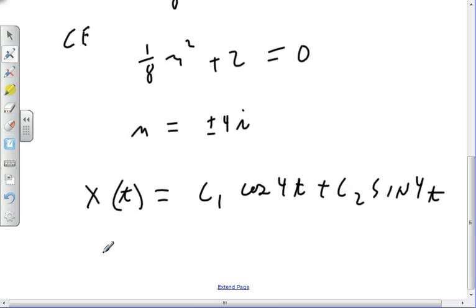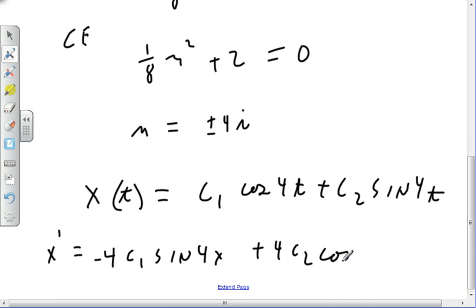And this is 16, so y should be 1/8 of x prime. So x prime would be minus 4 c1 sine 4t plus 4 c2 cosine 4t, and x prime is 8y.